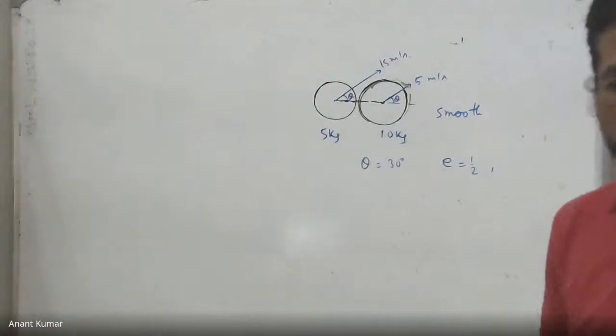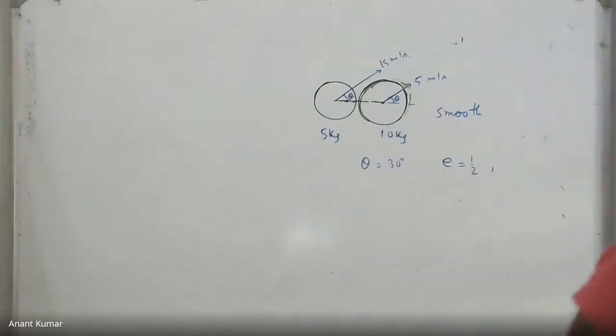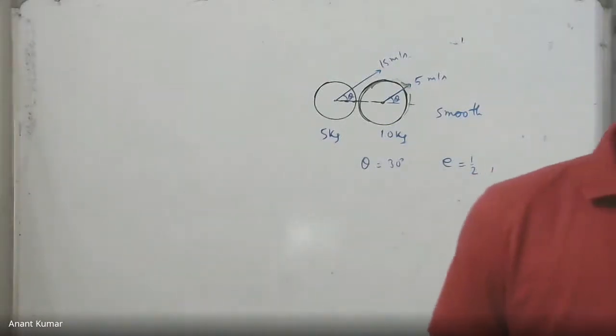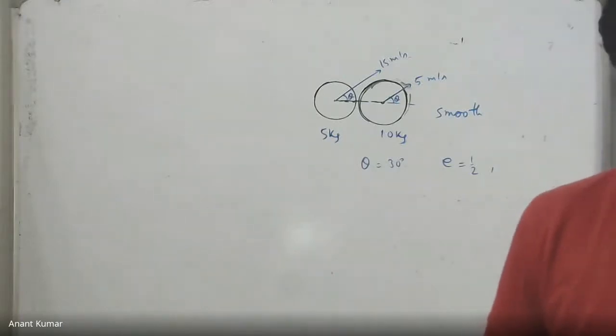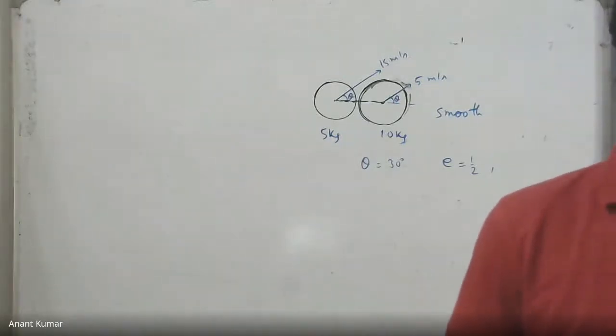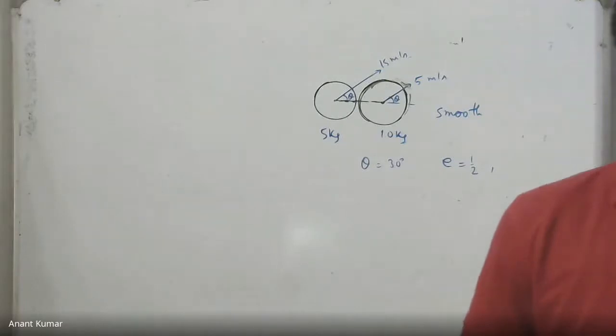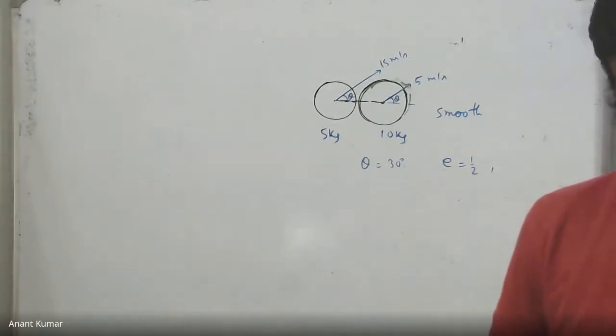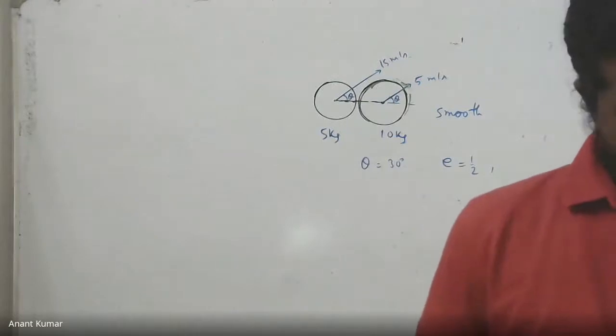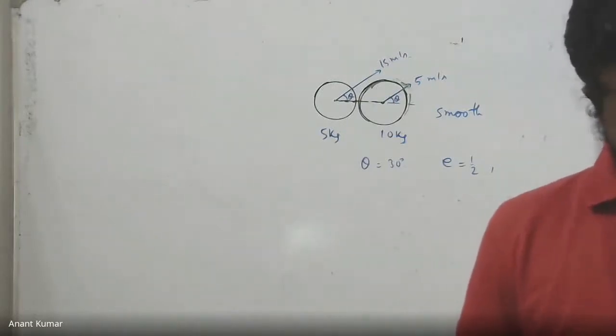Root over of 5 would be 3 over 4. Wait. No, that is not coming up.